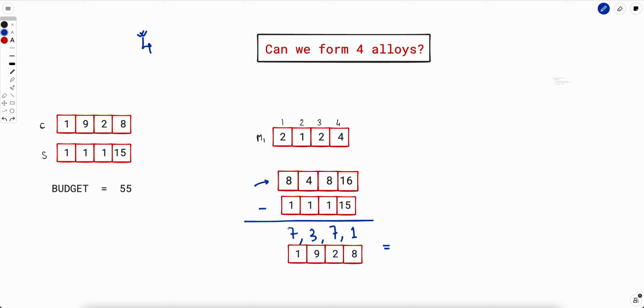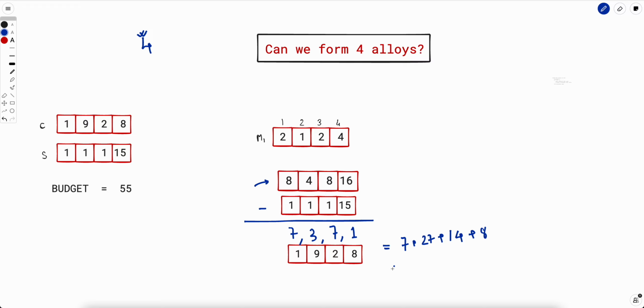So you know that you need to buy 7 units of metal 1 more. So in total you will be spending 7 coins for the first metal. In the same fashion you will be spending 27 coins for the second metal. You will be spending 7 into 2, 14 coins for the third metal, and finally you will be spending 8 coins for the fourth metal.